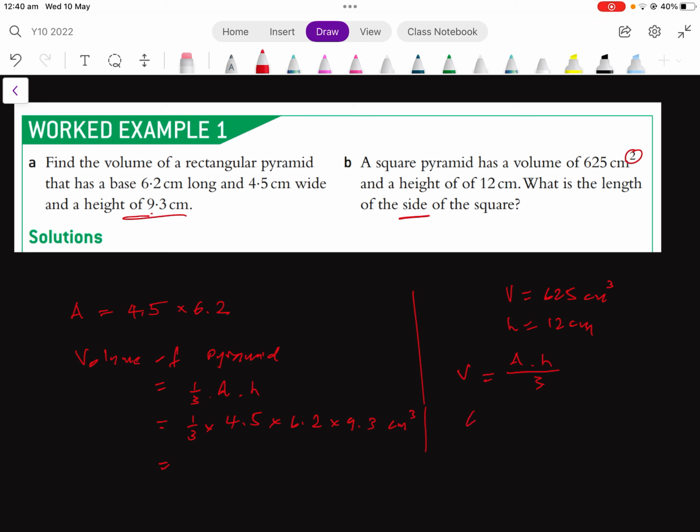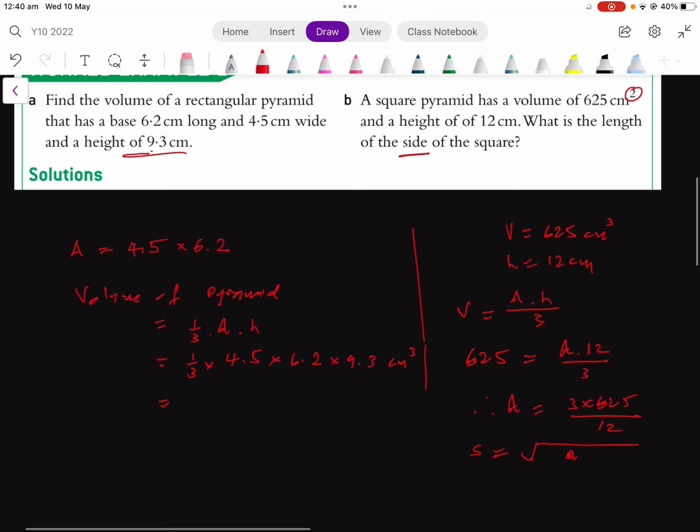So volume has been given as 625, which is equal to A into H, which is 12, divided by 3. Therefore A is equal to 3 into 625 divided by 12. Corresponding side of that square will be square root of A. So let me just put the whole number here.